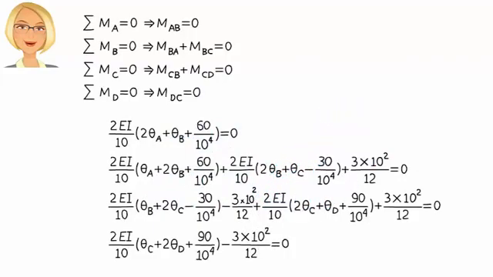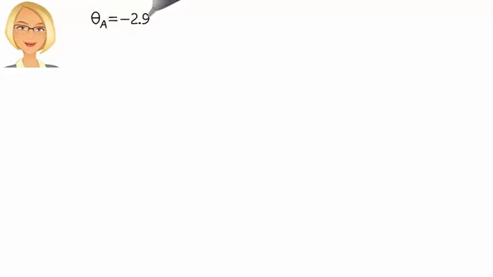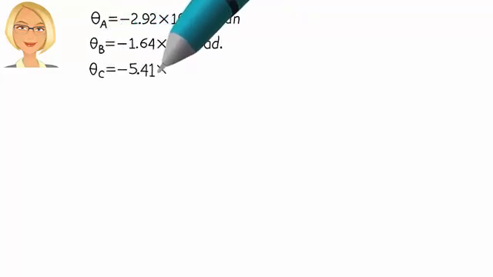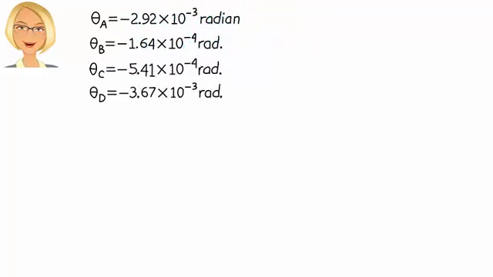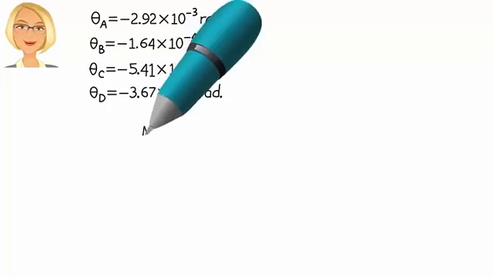Solving these for the unknown joint rotations, we get. When we substitute these values in the slope deflection equations, we get the following member end moments.